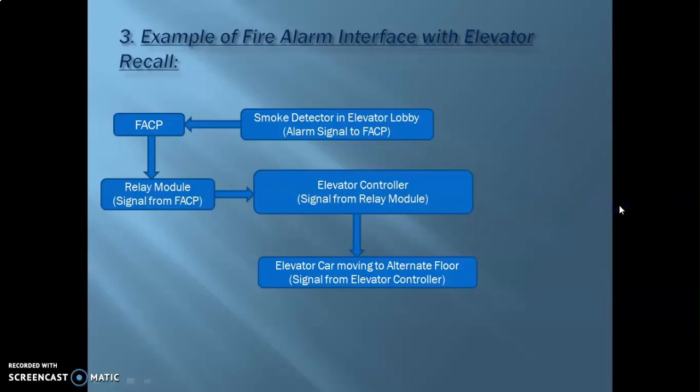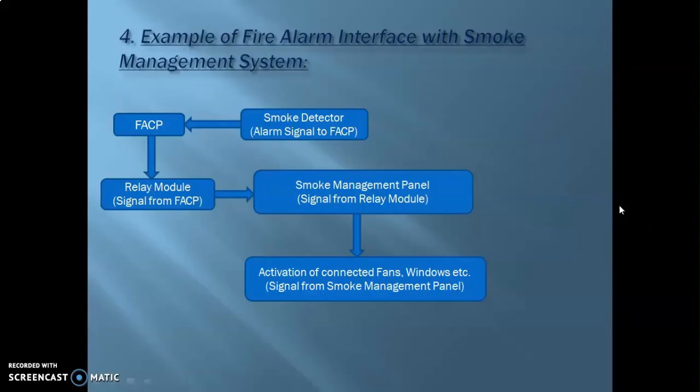All right. So the next system that we will be talking about is the fire alarm interface with the smoke management system. Again, whenever a smoke detector detects smoke or fire and sends a signal to the FACP, the FACP will send a signal via a relay module to the smoke management panel, which will then take the necessary action to allow certain fans or other systems to activate in order to stop the spread of the smoke within the building.